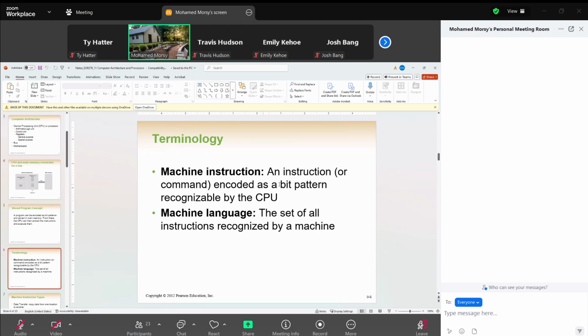A machine instruction is an instruction or command encoded as a bit pattern recognized by the CPU. Machine language is the set of all instructions recognized by the machine. Machine means computer here, of course.